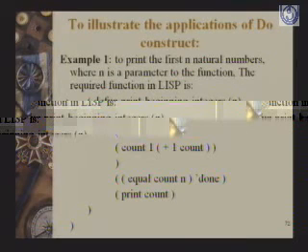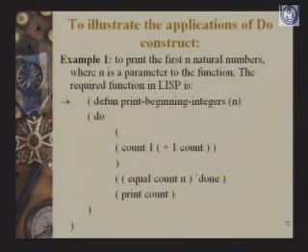Every time count is incremented by 1, it is compared with the value n which is given as a parameter. Suppose at any step the count becomes equal to n, then we may print out the word done, which will indicate that the task is completed.